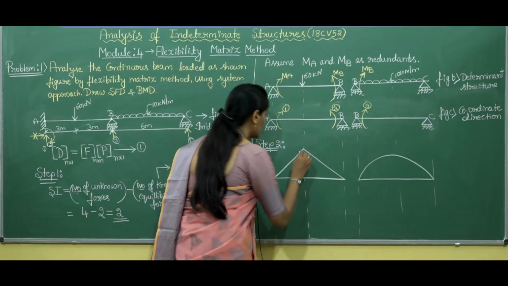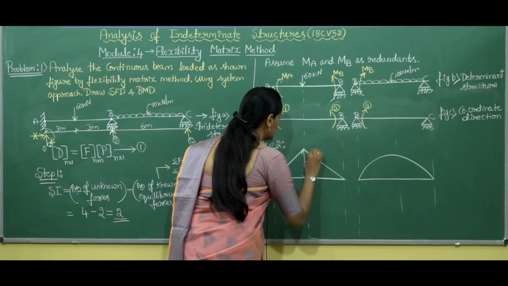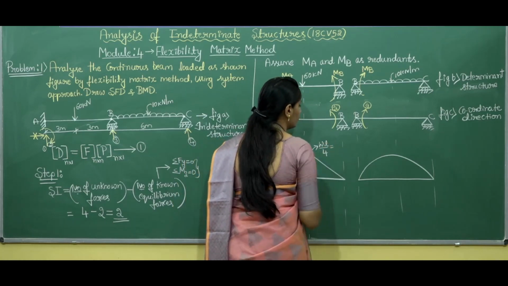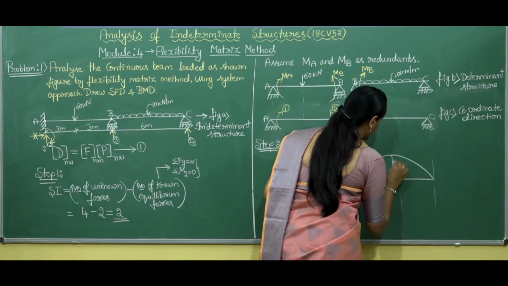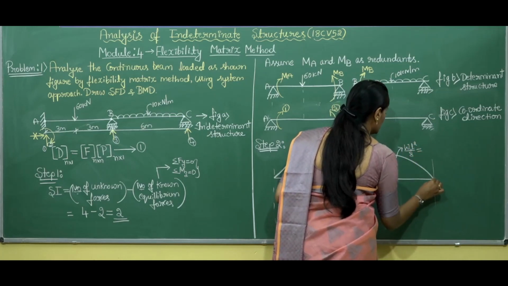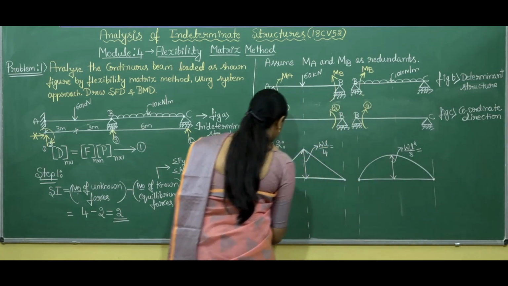Clear? Now, this value can be found by applying the formula WL by 4, and here we have WL square by 8, and you all know at supports the values are 0.